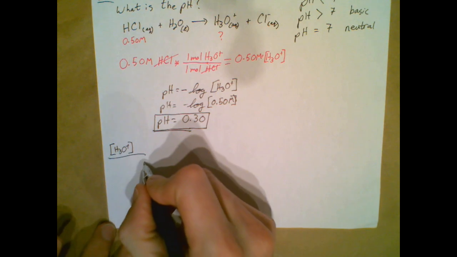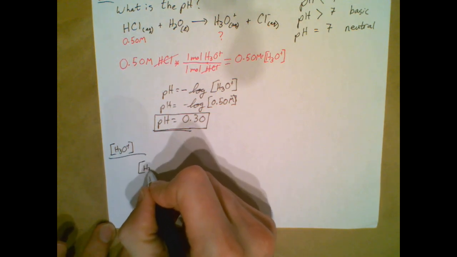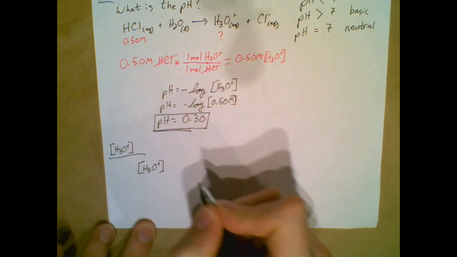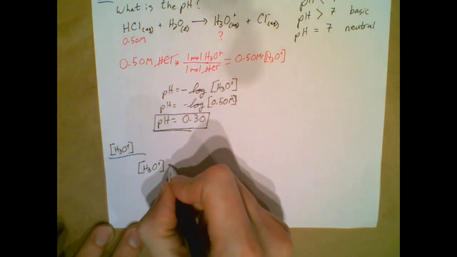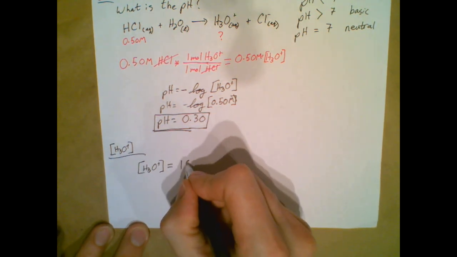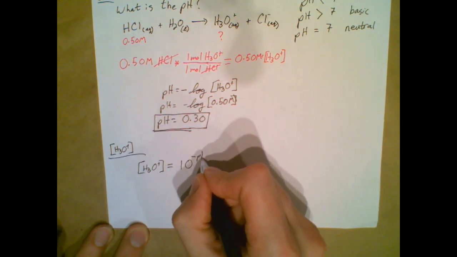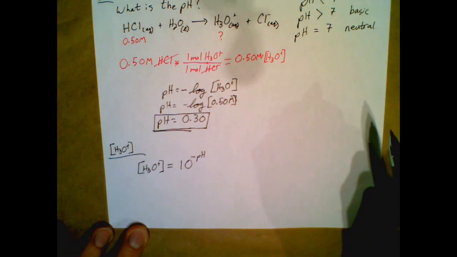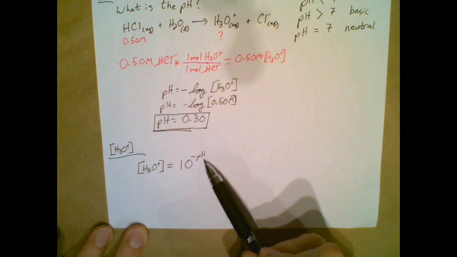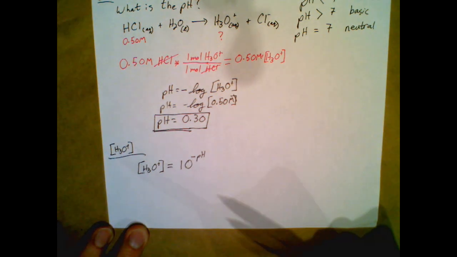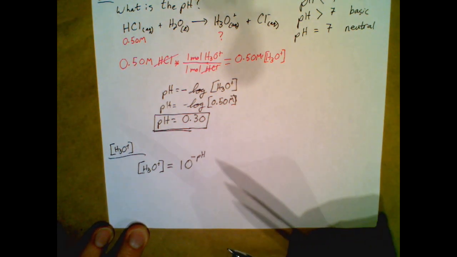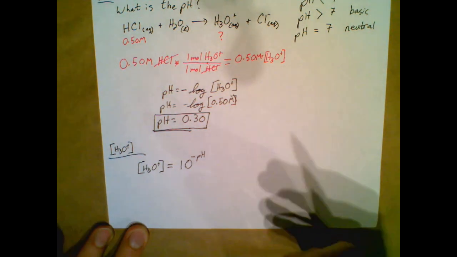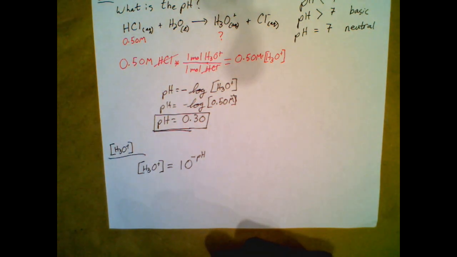If you're a math whiz, you can probably derive this equation, but for the rest of us, this is all you need to know. The concentration of H3O+ is 10 raised to the exponent of the negative pH. You put that in, and that'll solve what concentration of H3O+ you're dealing with.